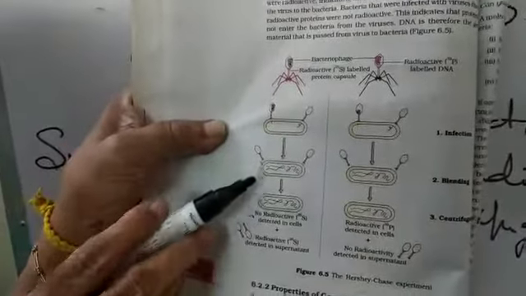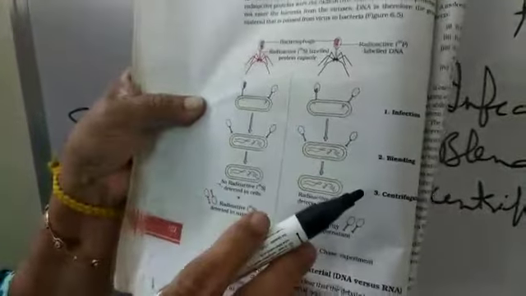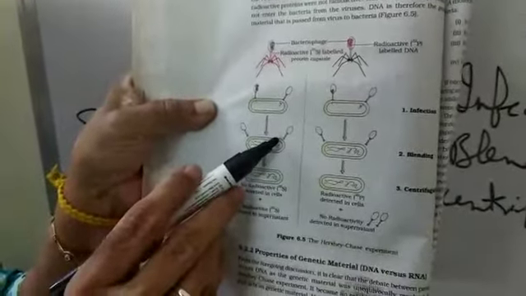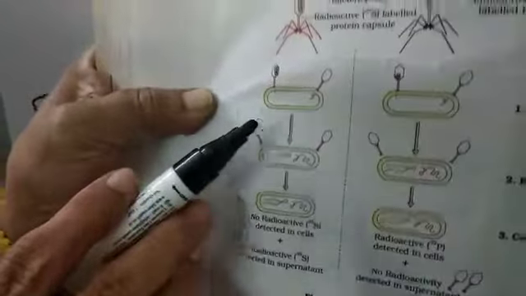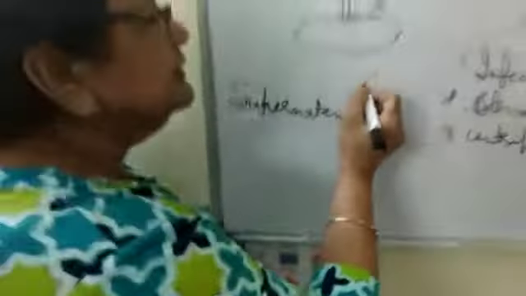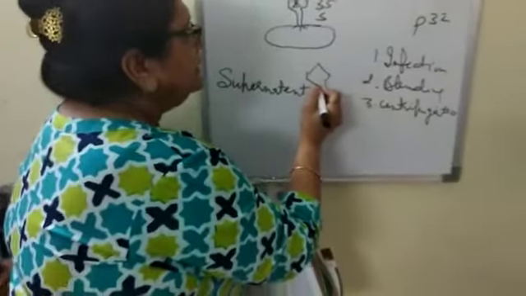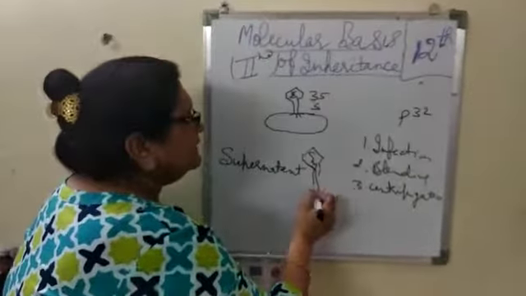So see the cases. What is this diagram? In this case, it is affected by the virus, bacteriophage. In one, DNA; in the second, protein coat. After infection, what happened? The protein coat remained outside and the genetic material entered into it.